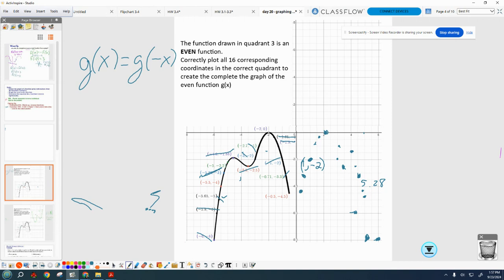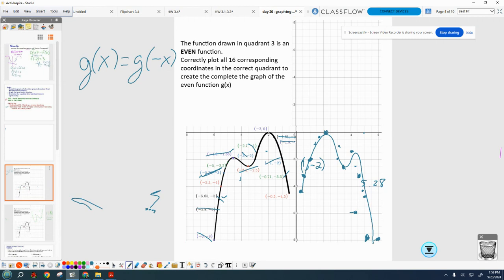Okay, so possibly all the coordinates are taken. Let's see. If we connected these, it's kind of close. A little off, but the grid is hard to see. Does it look like it could have folded over?